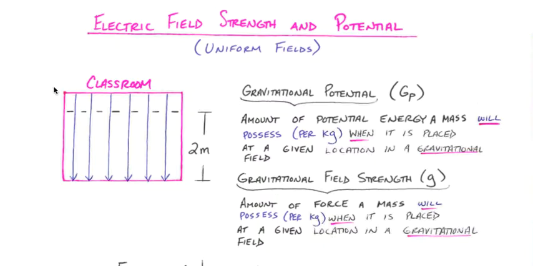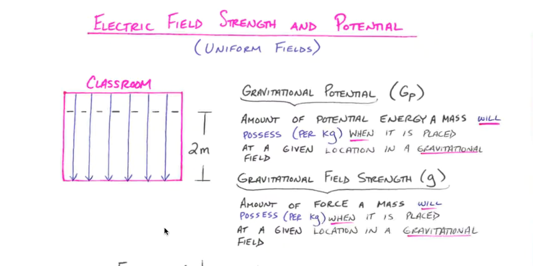However, just remember that if we're talking about a classroom, there's a gravitational field which points down. And when we say gravitational potential, which we've represented with GP, that's the amount of potential energy a mass will possess per kilogram when it's placed at a given location. So hopefully this is starting to jog your memory.